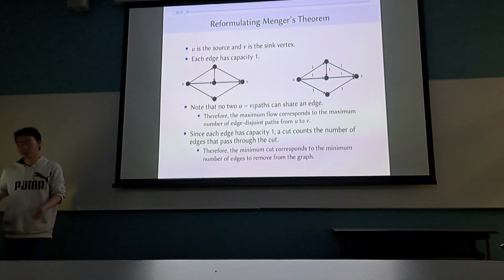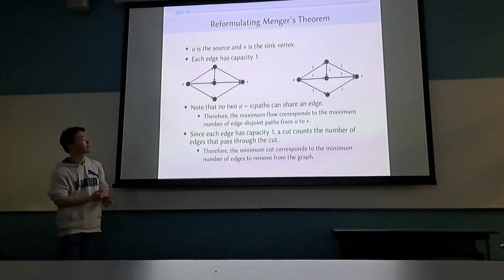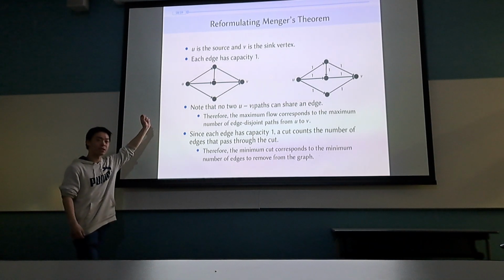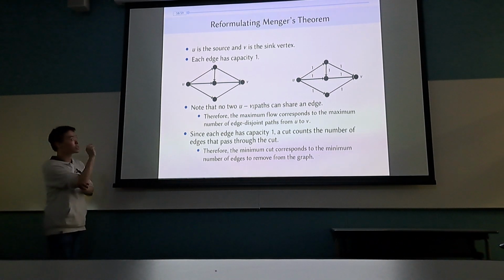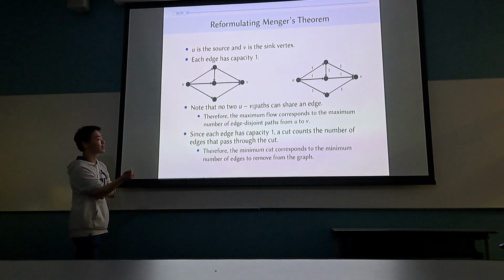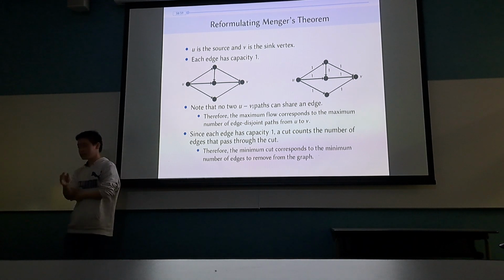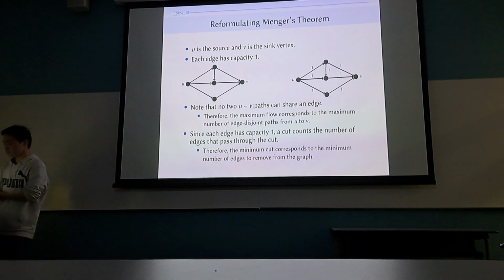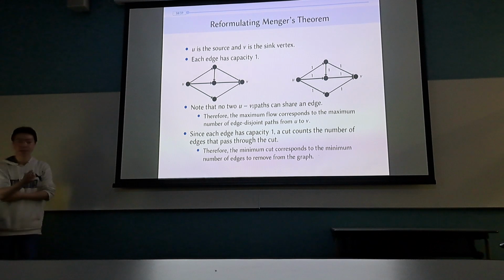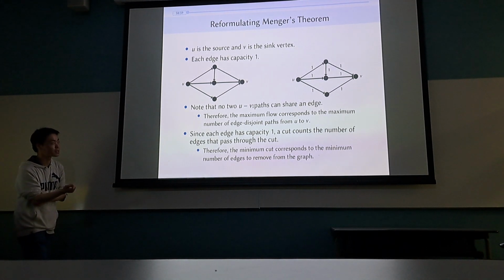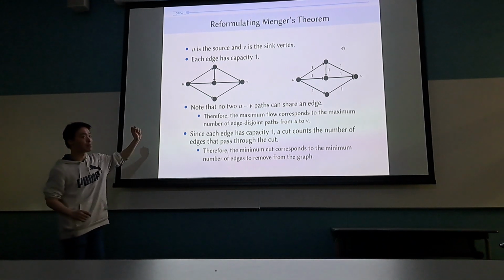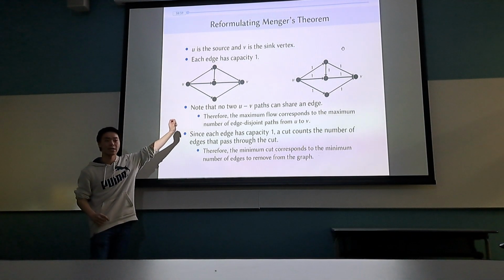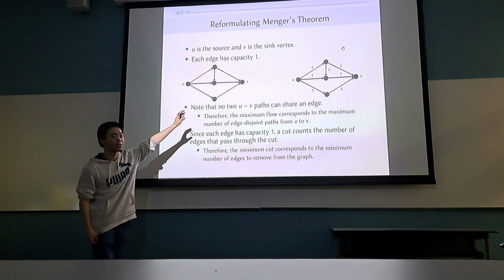to V. So the way that we're going to construct this is U and V are going to be my source and sink. Each of my edges are going to have capacity 1. And notice that if we do it this way, then no two UV paths can ever share an edge. Why is that? Well, if they did share an edge, there must have been some vertex that has capacity 2.